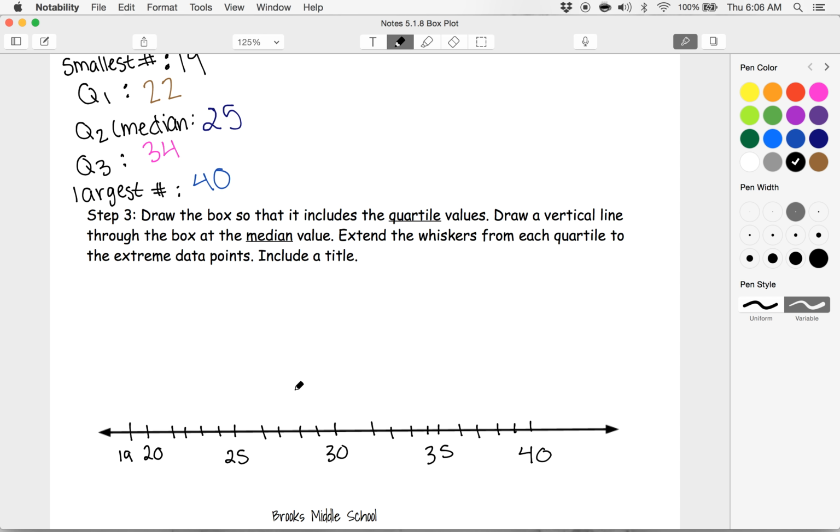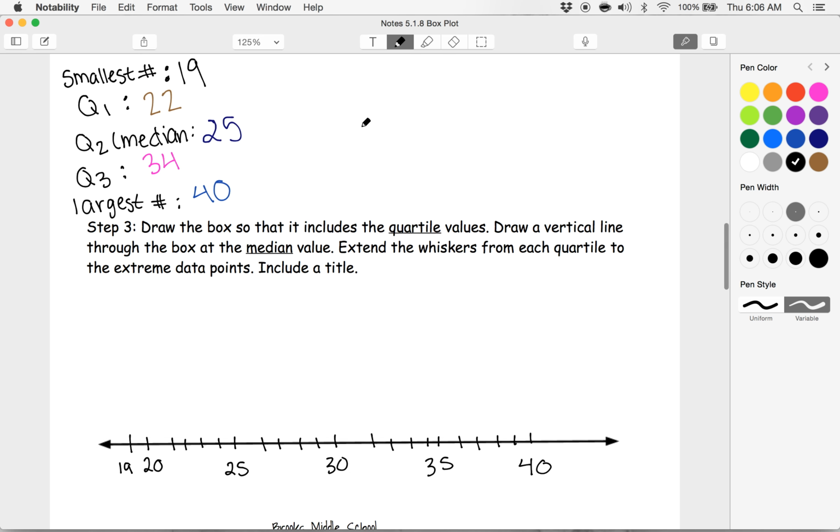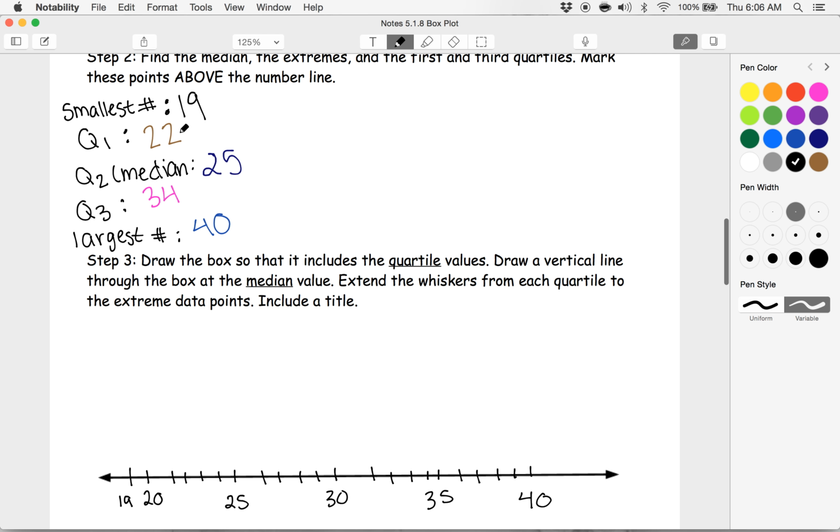All right, so now that we have this, we're going to put a dot above the number line for all of these different places. My smallest is 19, so above 19, I'm going to put a dot. Quartile 1 is 22, so I'm going to find that. There's 20, 21, 22, and above that I'm going to put a dot.